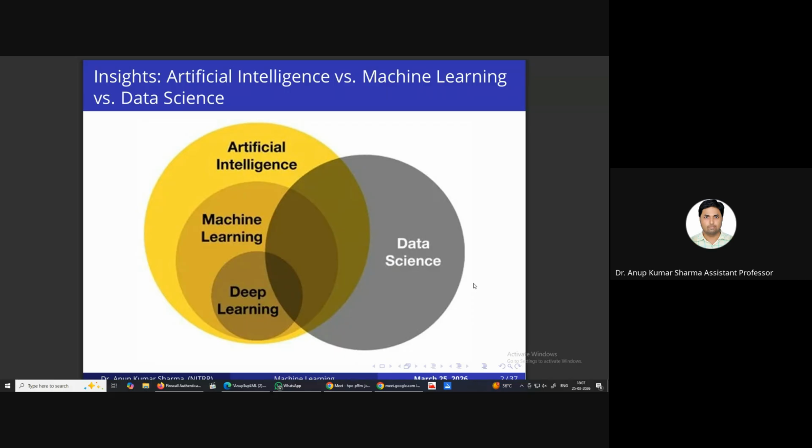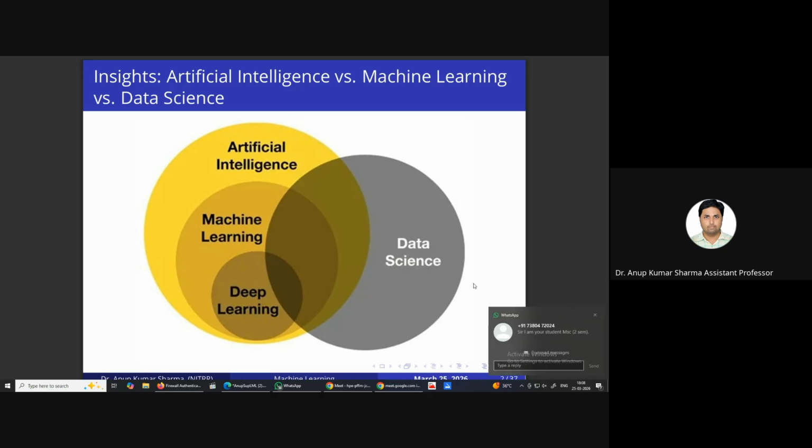We should have knowledge about the basic information. Machine learning is a subset, or part, of artificial intelligence.